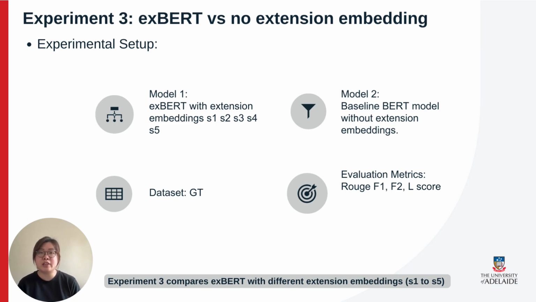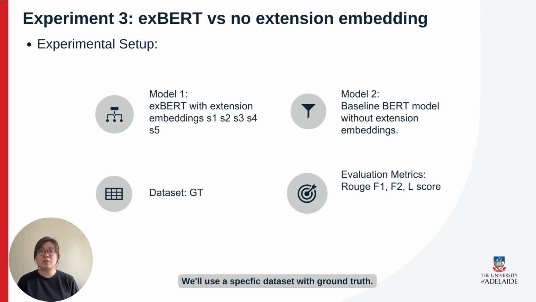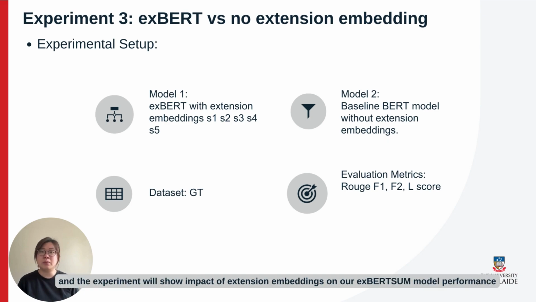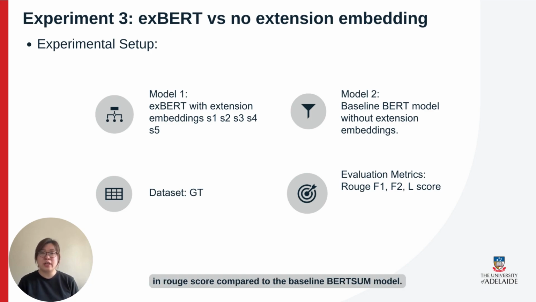Experiment 3 compares XBERT with different embeddings, S1 to S5, with the baseline summarization model without extension embeddings. We will use a specific dataset with ground truth, and the experiment will show the impact of extension embeddings on our XBERT model performance in ROUGE score compared to the baseline BERT model.